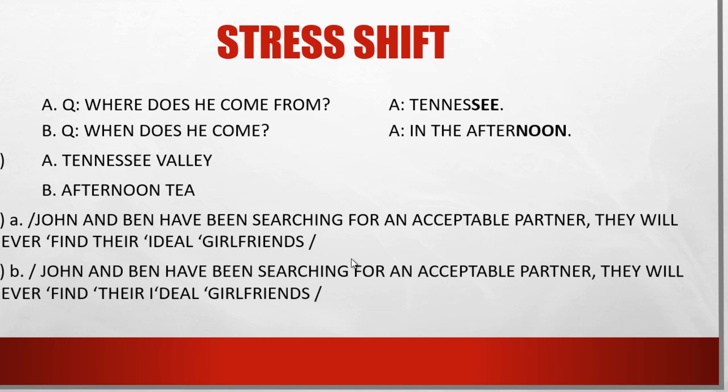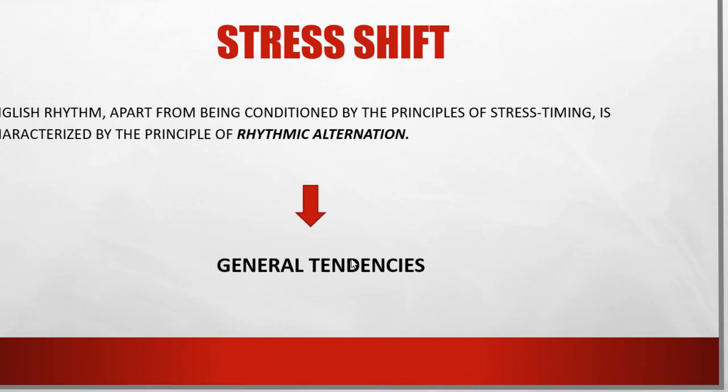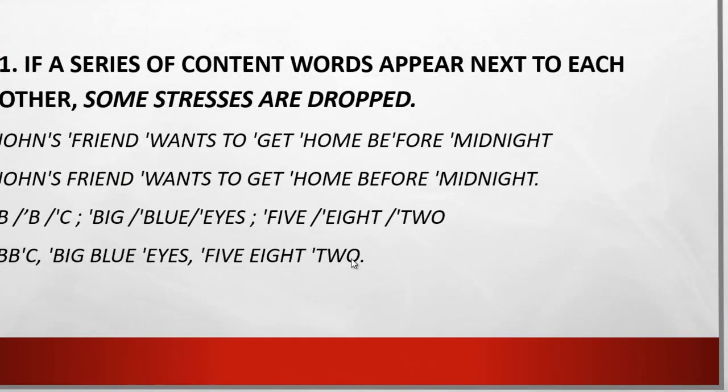Okay, it is argued that the structure which does not observe the stress alternation principle, because maybe a lot of stresses appear next to each other, or there are a lot of unstressed syllables in a phrase or in an utterance, will be modified by the rhythm rules to get more closely to the rhythmic alternation. There are certain tendencies as regards this. Okay, for example, if a series of content words appear next to each other, some stresses are dropped.